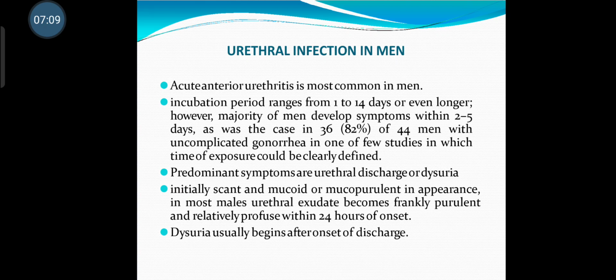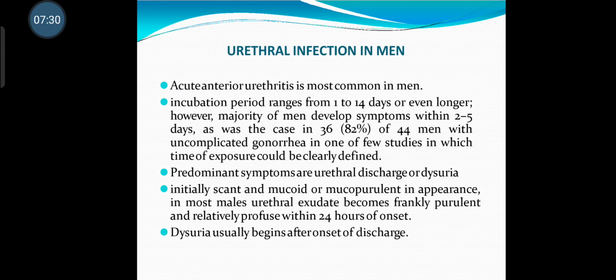Dysuria, that is difficulty in urination, usually begins after the onset of discharge. A variable degree of edema and erythema of the urethral meatus is commonly seen, which is due to gonococcal urethritis, that is inflammation of the urethra. So the gonococci cause urethral infection in men.